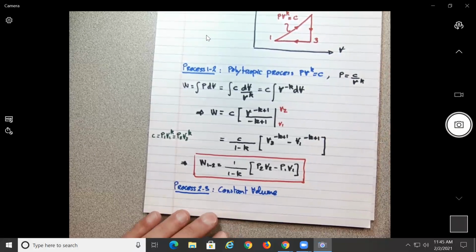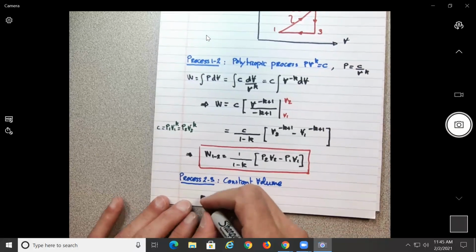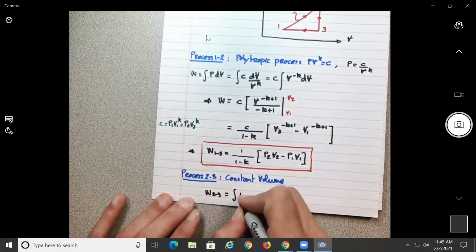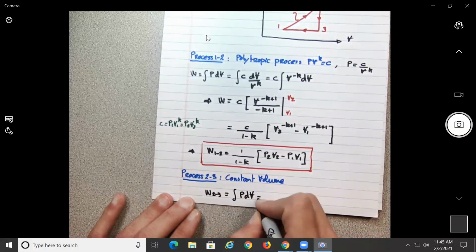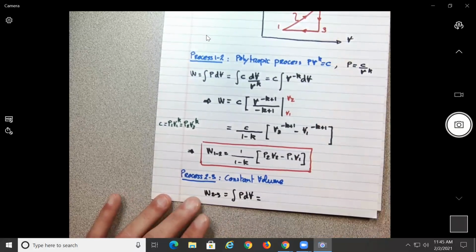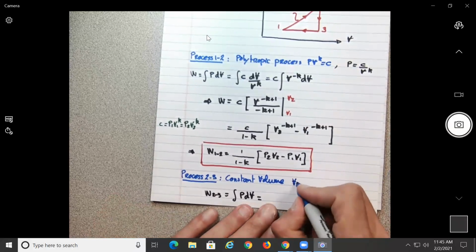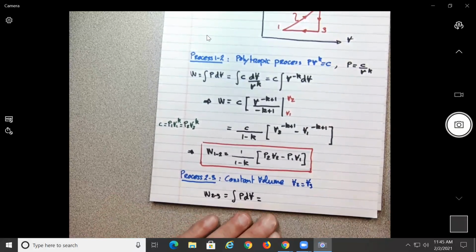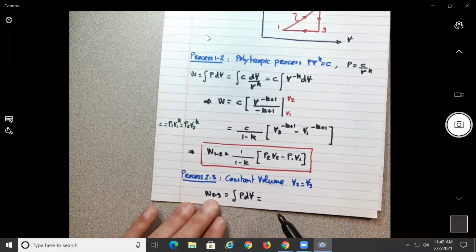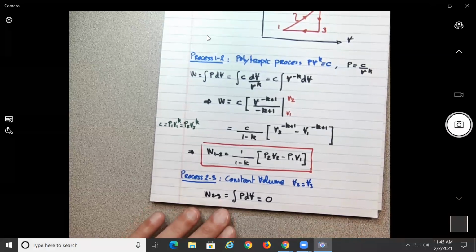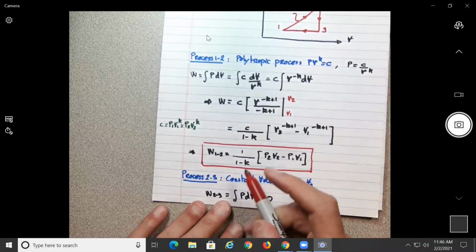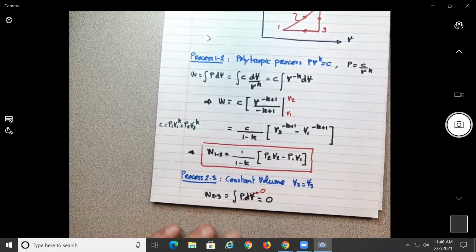Okay? And by definition, what is the differential work done by the pressure? Is work done by the pressure equal to integral of P dV. In this case, since V2 equal V3, what's going to be the work? There is no area under the curve, no? So the work done during 2, 3 will be 0. All right? Because dV is 0. Basically, dV in this case is 0. There is no change in volume.